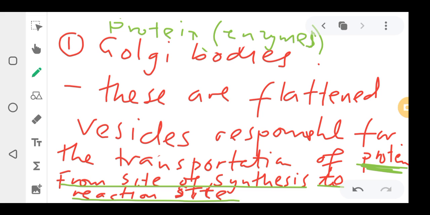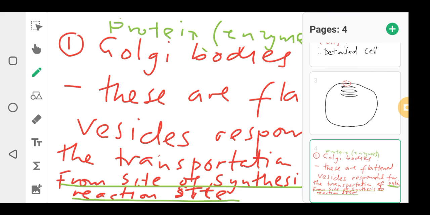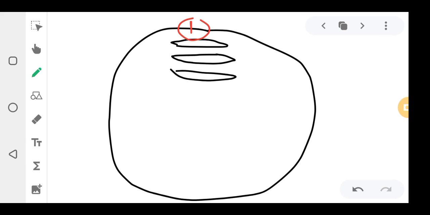So they transport proteins such as enzymes from the site of synthesis to the site of reaction. These are called Golgi bodies. So this is the detailed structure.